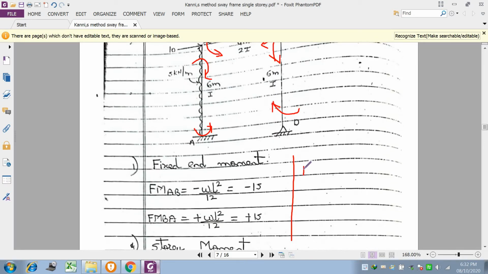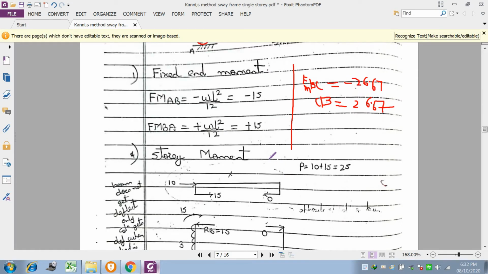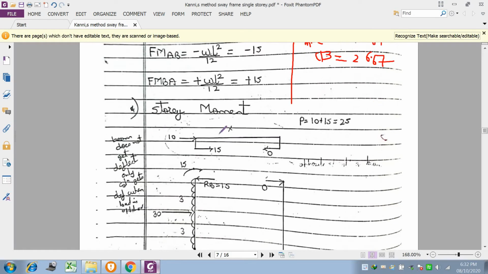So we can write the fixed end moment for BC as minus 26.67, and for CB it will be plus 26.67. Here he has directly calculated the story moment.